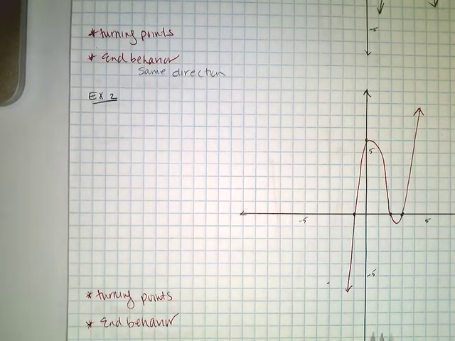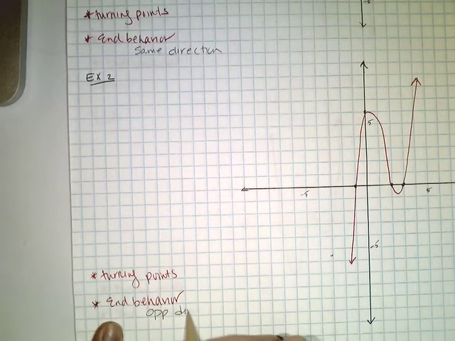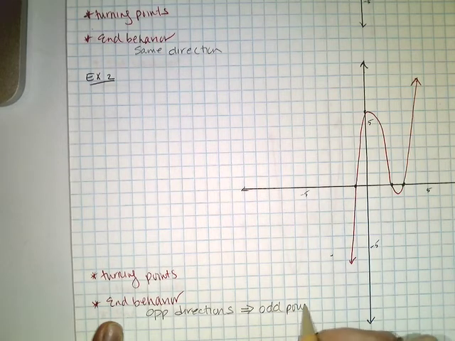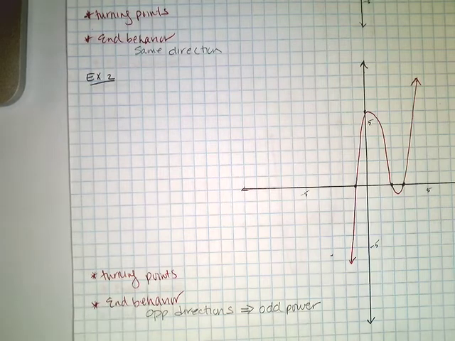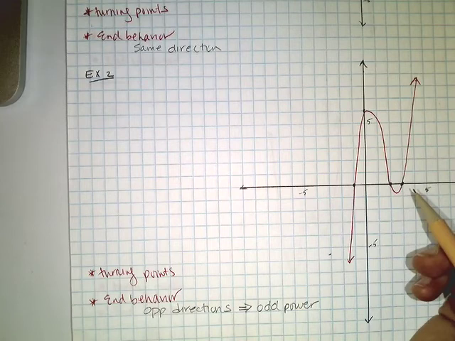So I want to start thinking about a couple of things. What's the power on this? Well, the end behavior is going in opposite directions, which means it's an odd power. Okay? And the number of turning points will help me determine what that power is.